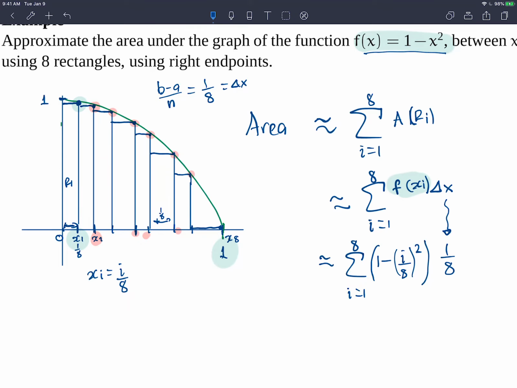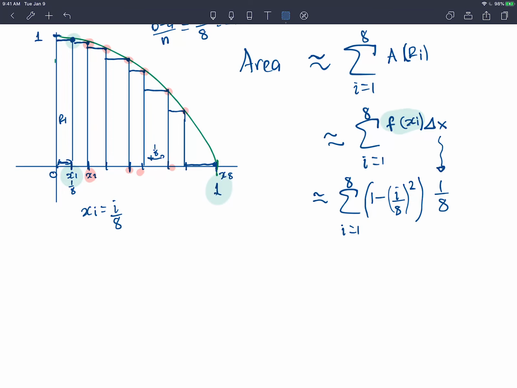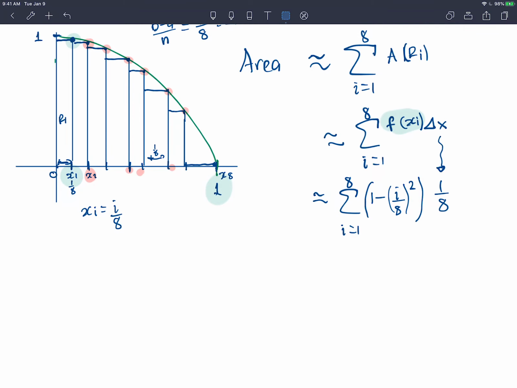So the first thing I can do is copy this, because I want to show you a little property that we can use here, which is that this 1/8 is constant. What I'm doing here is adding these quantities times 1/8 when i is 1.